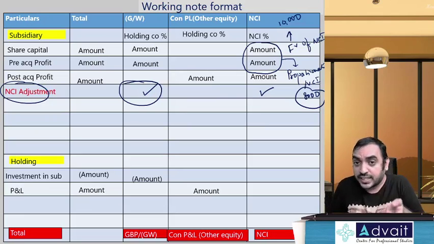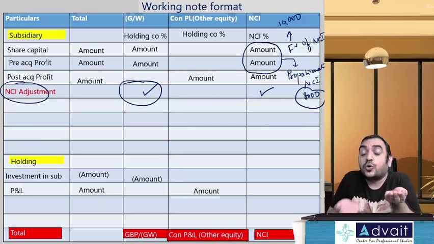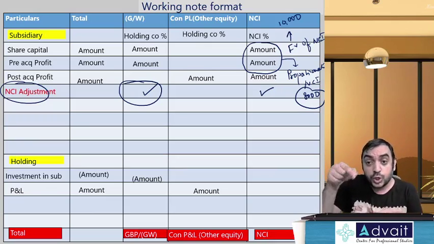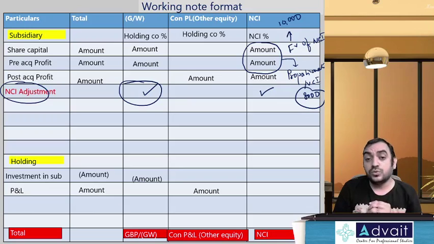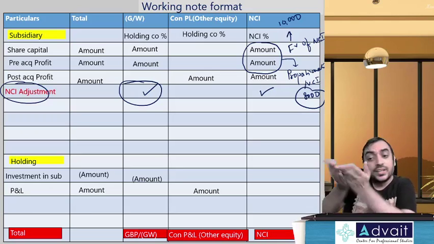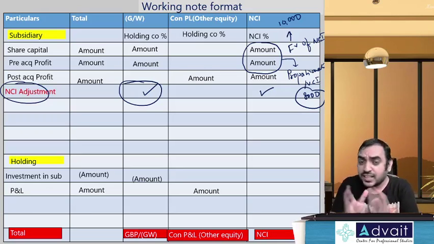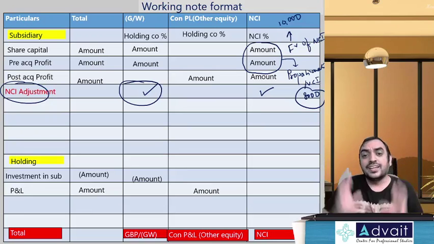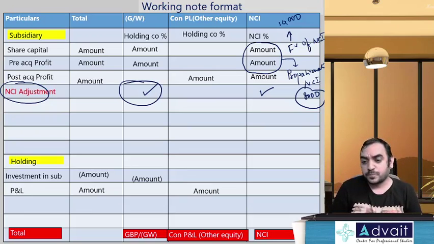So now please tell me, when the fair value of NCI increases, what will happen to goodwill? Under proportionate method goodwill will have some number. When you recognize the goodwill also under fair value, that will also increase. The increase in goodwill is attributable to the increase in fair value of NCI.